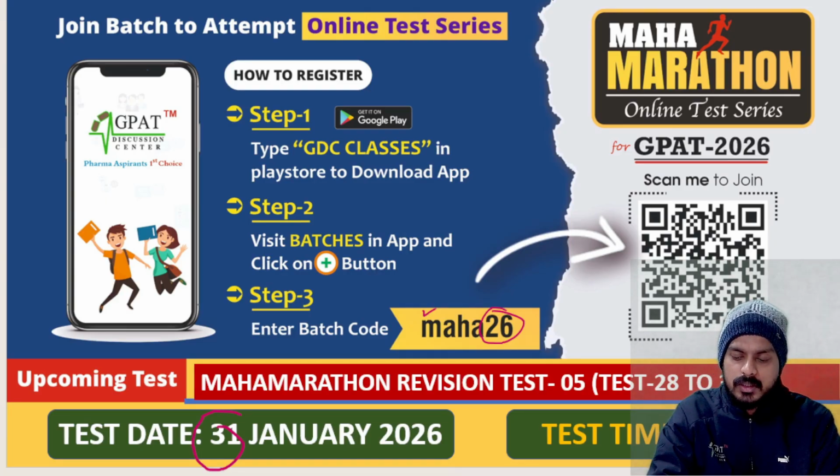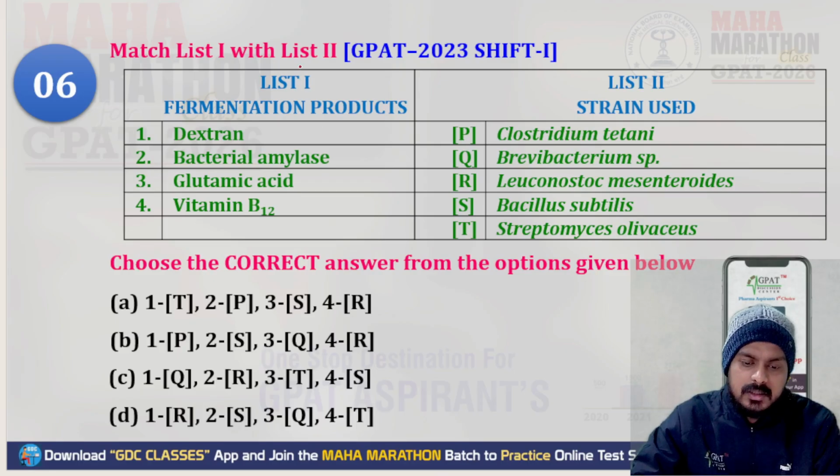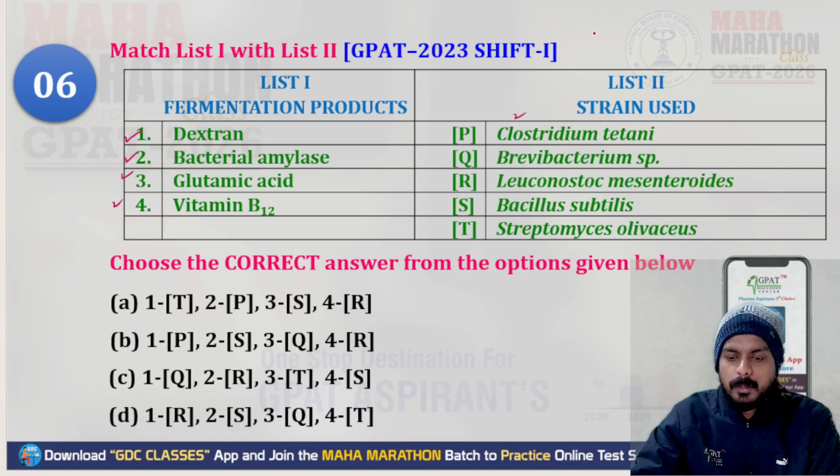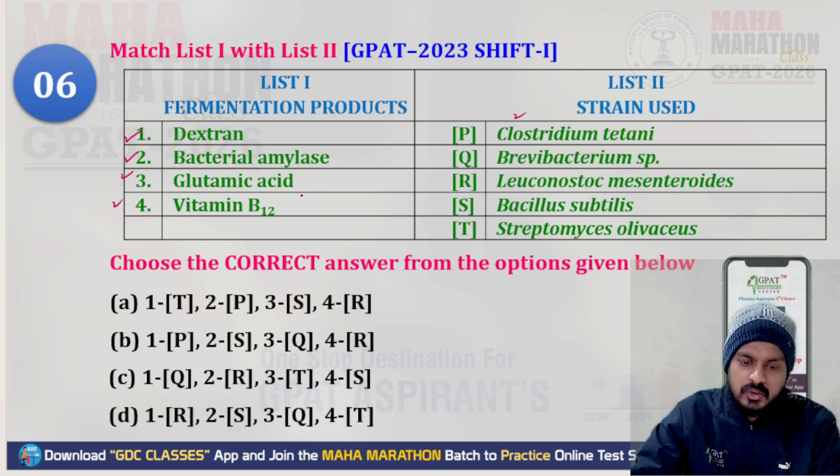Okay, next question. Match list one with list two. Here you have the product and here you have which strains are used. You have to match. The first things are dextran, bacterial amylase, glutamic acid, and vitamin B12.